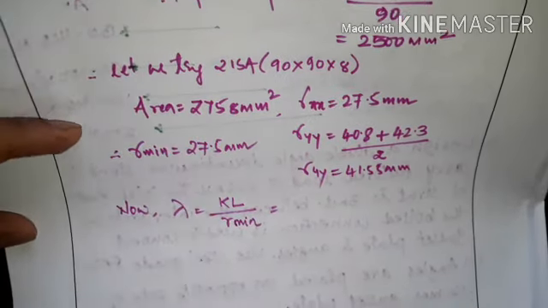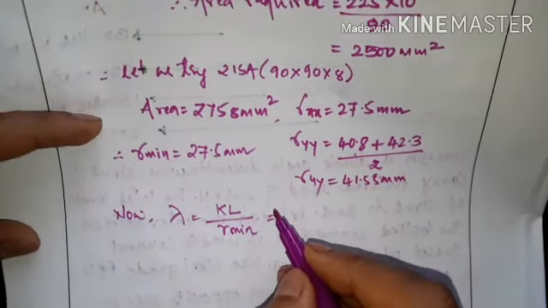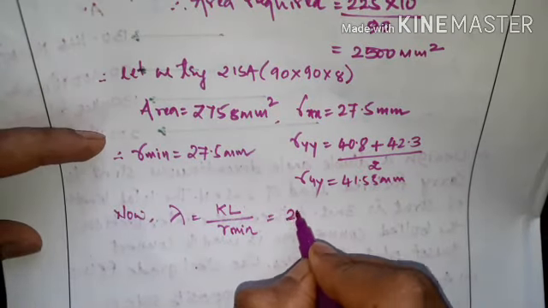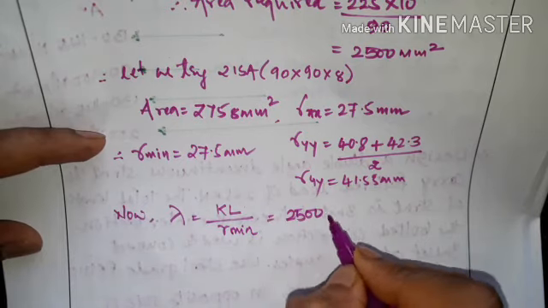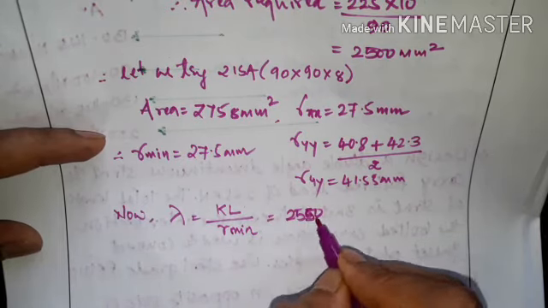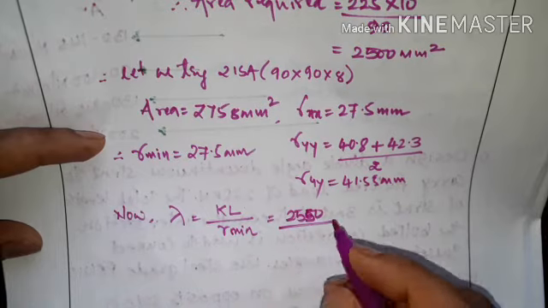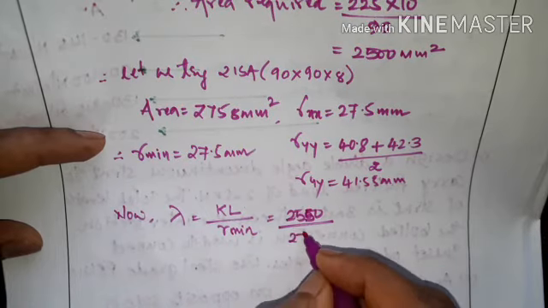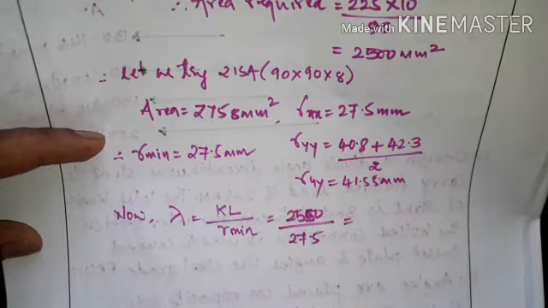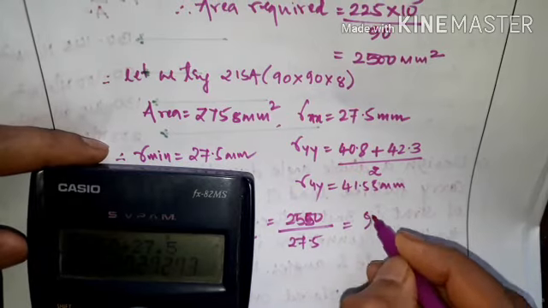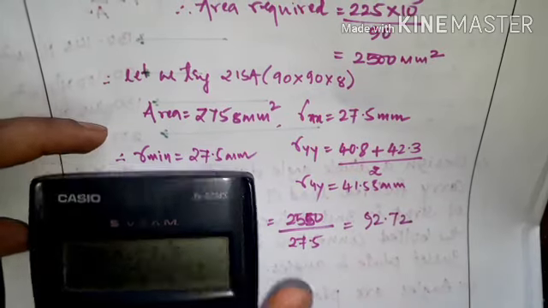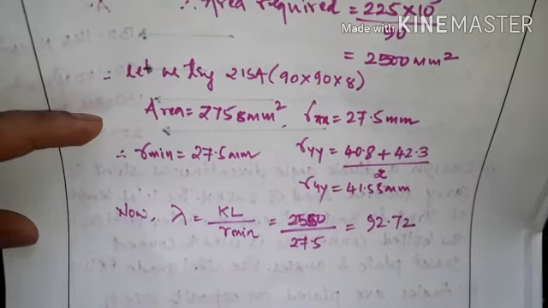KL we have got as 2550, so 2550 divided by R minimum, 27.5. So 2550 divided by 27.5, we'll get 92.72. This is the slenderness ratio.